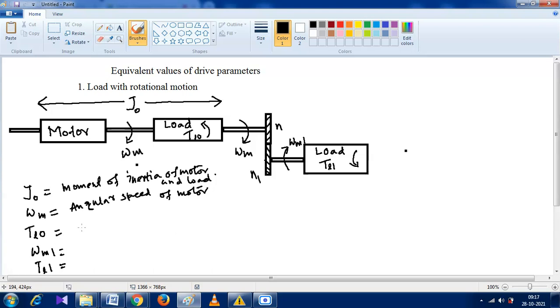TL0 is the load torque, and omega m1 is the angular speed of the load which is coupled with load 1 through the gear on the motor side.